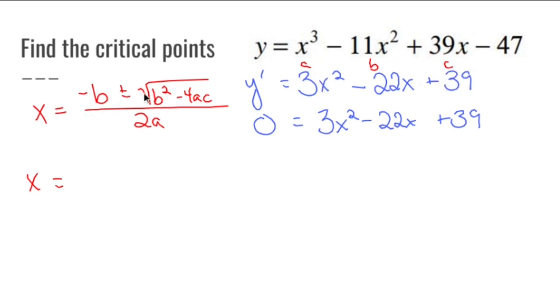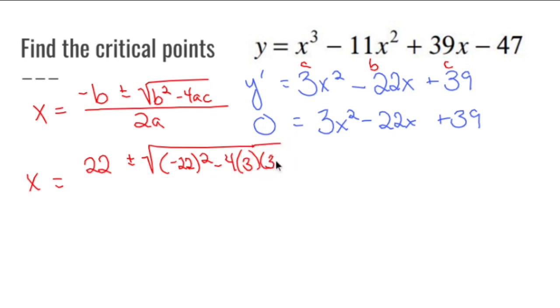So x equals negative 22 makes that positive 22. See what I did there? Plus or minus the square root of negative 22 squared minus 4 times a, which is 3, times c, which is 39, all over 2 times a, which is going to be 6.